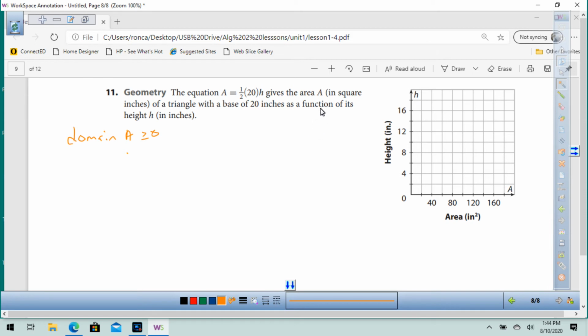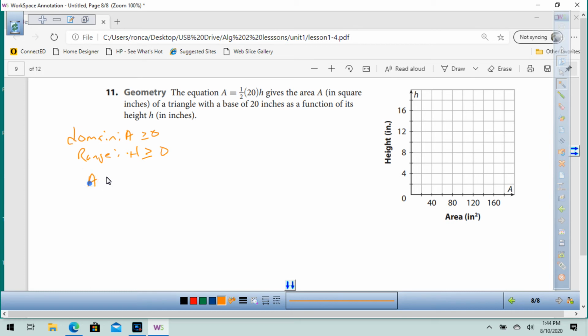So the range of the function is going to have to be h is greater than or equal to 0 inches. So the inverse is also going to have to be A is greater than or equal to 0. All right, so what do we got here?